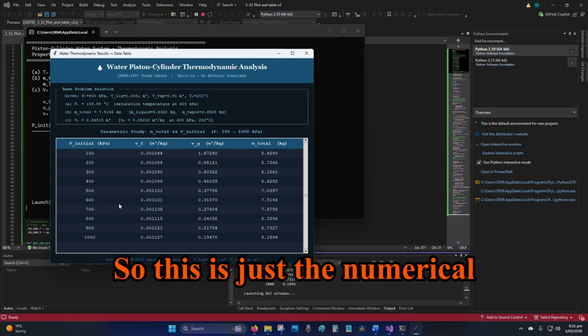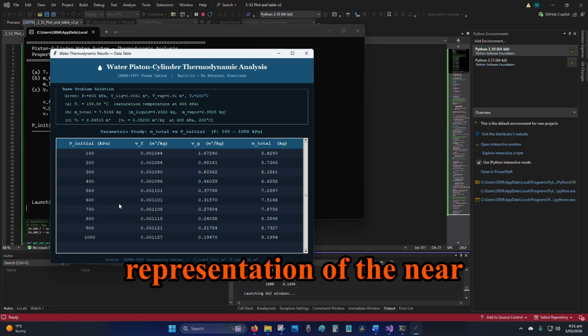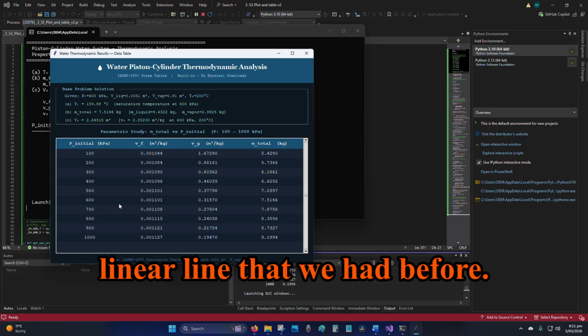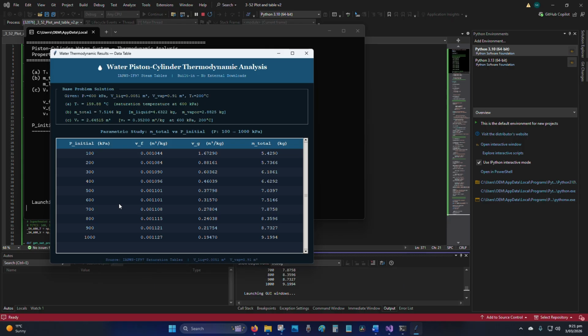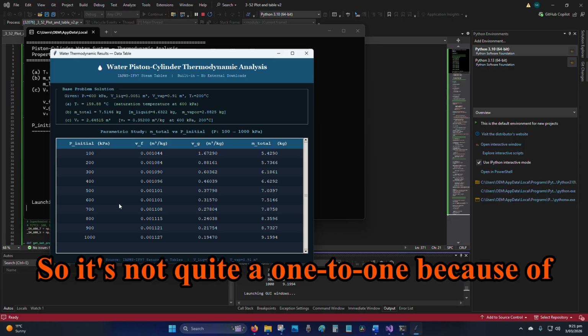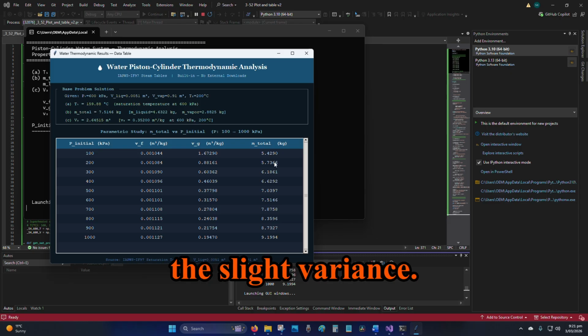So this is just the numerical representation of the near linear line that we had before. So it's not quite a one-to-one because of the slight variance.